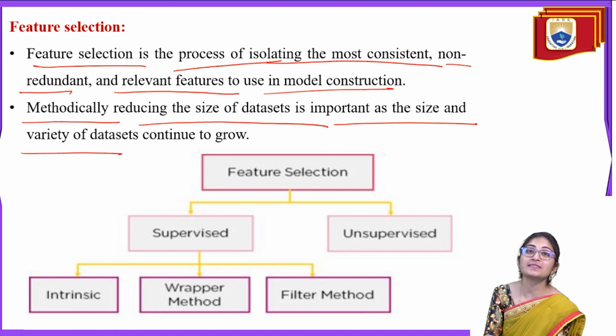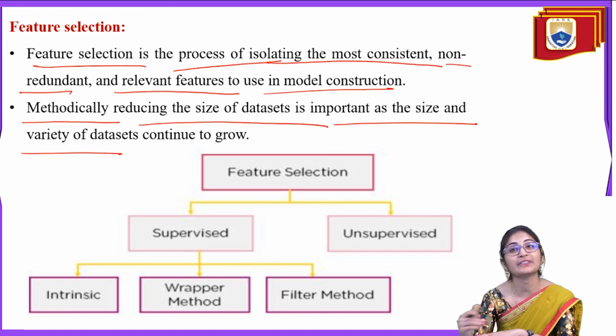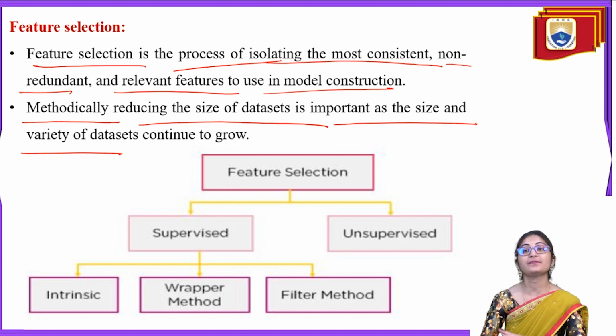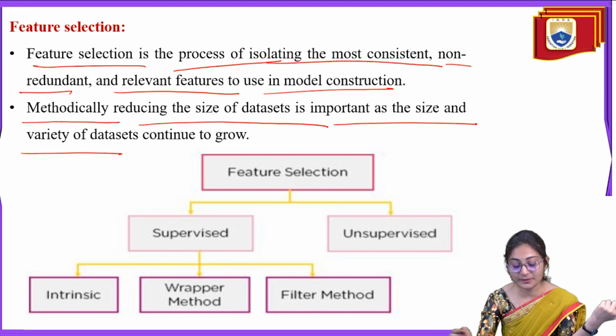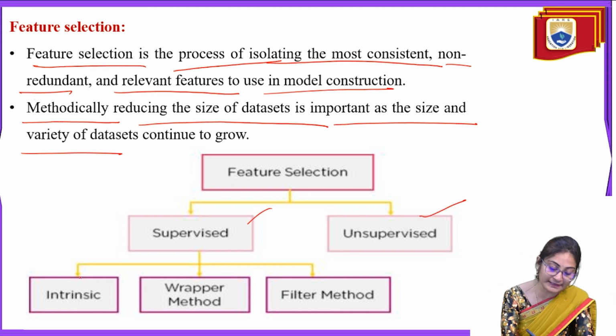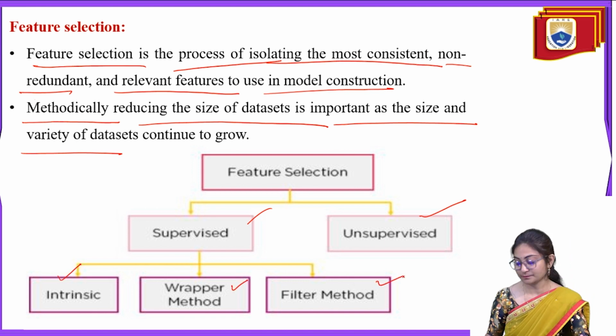Feature selection generally has two types, supervised and unsupervised. And the supervised method contains intrinsic, wrapper and filter methods.